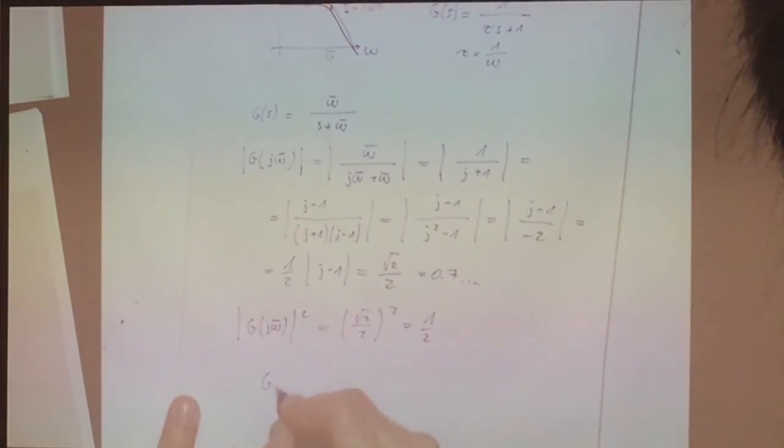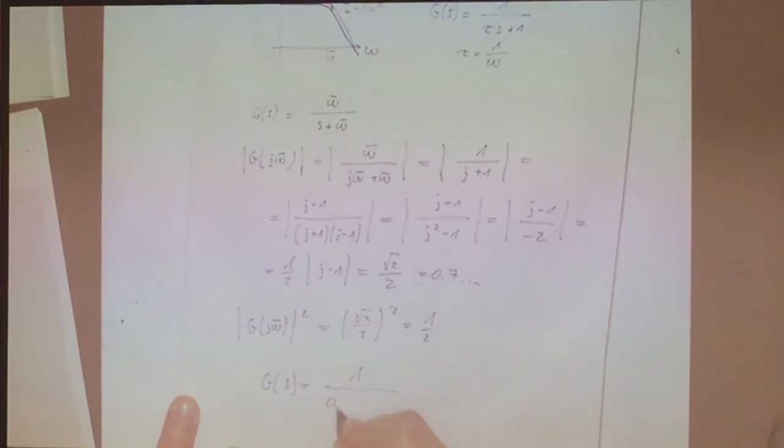So now we have it. Our transfer function for the actual exam script is G of s equal to 1 over 0.1 s plus 1. That's the one we're using.